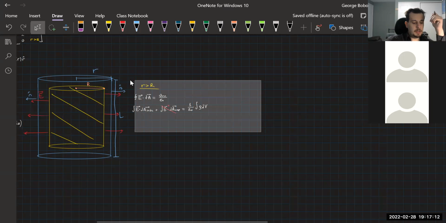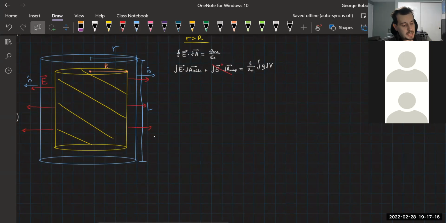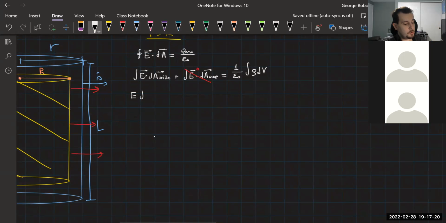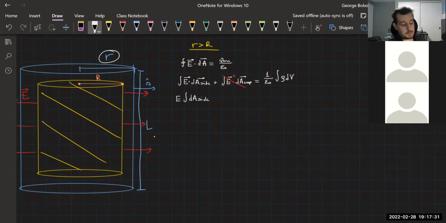And so now that I do the outside, let's see what changes. We have the simplifications necessary again to pull the electric field outside the integral. All I need again is how big is the side of my Gaussian cylinder? So the formula that Olivia gave us before still holds because the radius of it is r and L is the length of it still. Okay, so I'll plug in the same thing, 2 pi RL, and that means we have E times 2 pi RL.